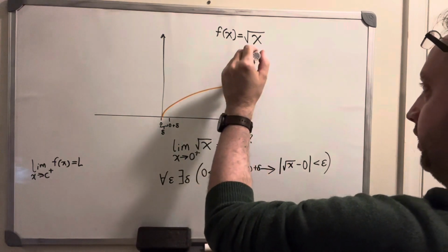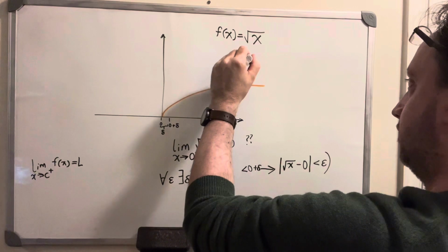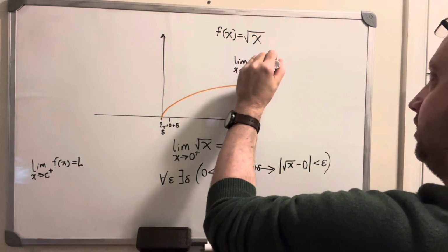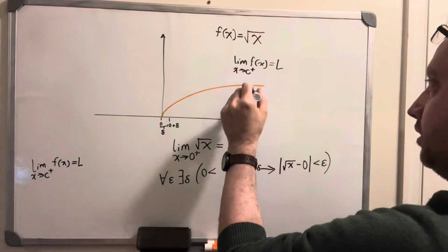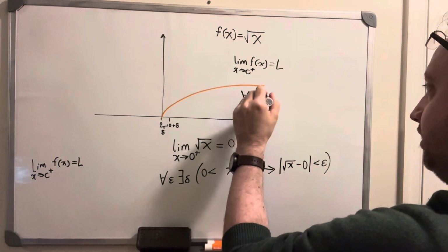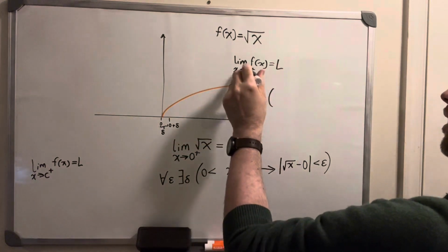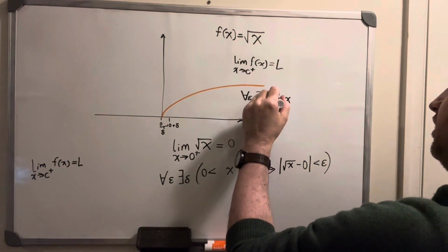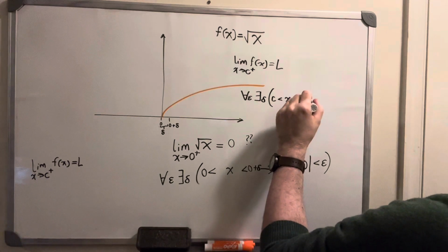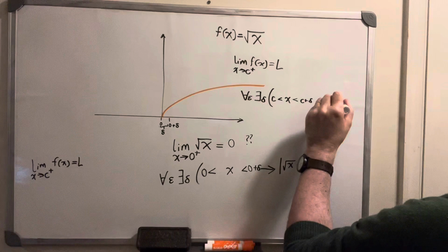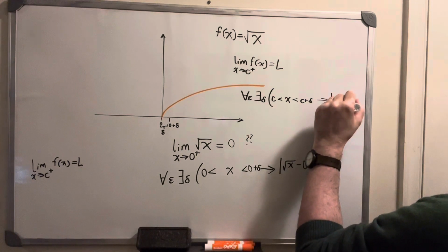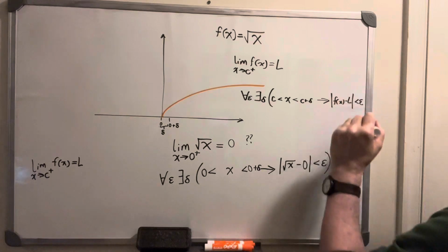So to put it generally, the definition of the limit as x approaches some value c from the right of f of x equals L means for all positive values of epsilon, there is a delta such that if x is greater than c and less than c plus delta, then the absolute value of f of x minus L is less than epsilon.